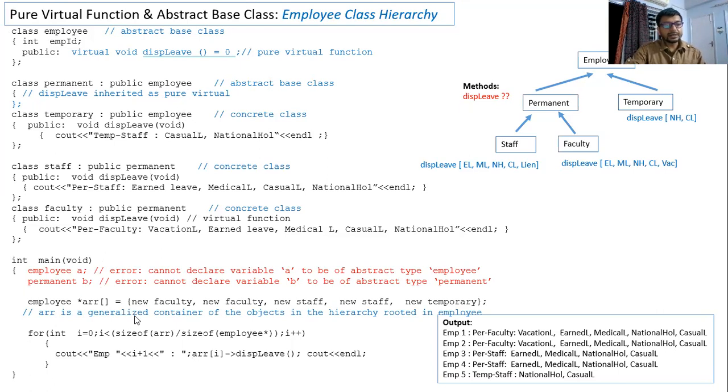However, we can create generalized containers, like an array or a collection of object pointers, which can point to different types of objects. And this is where we start feeling the advantage of polymorphism.